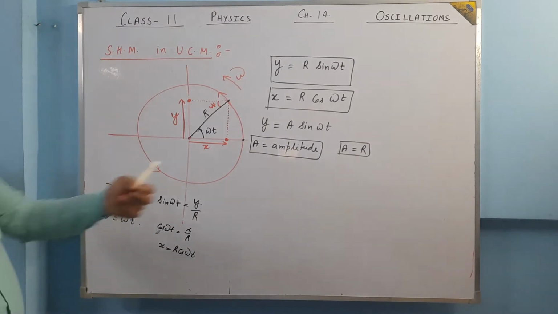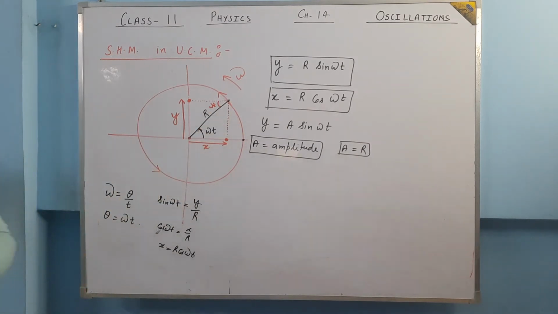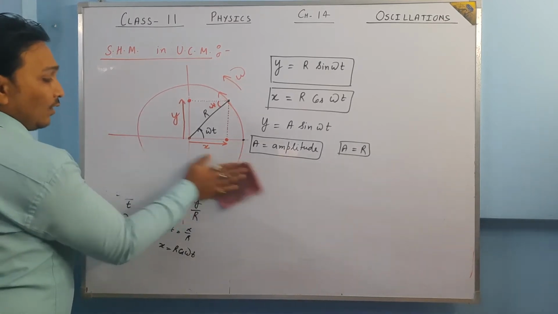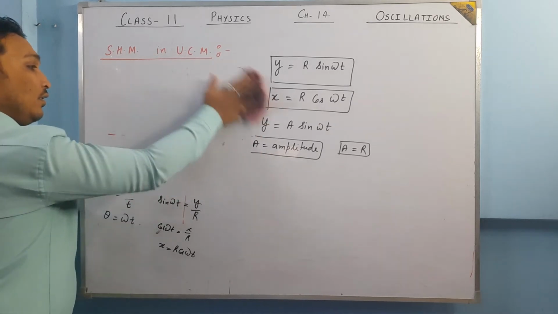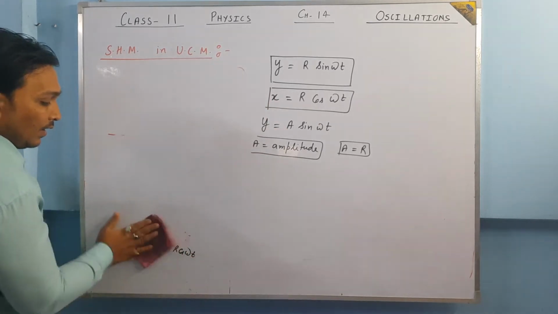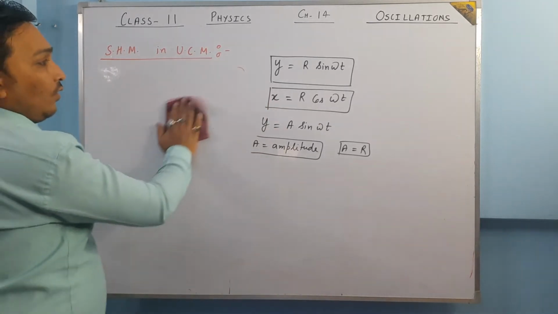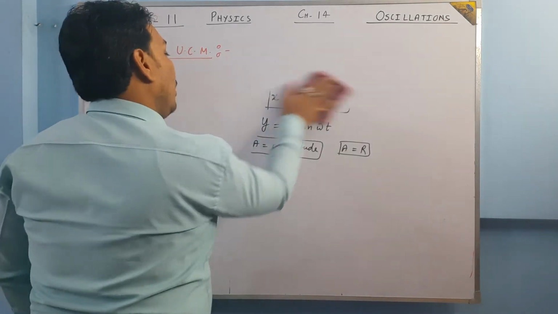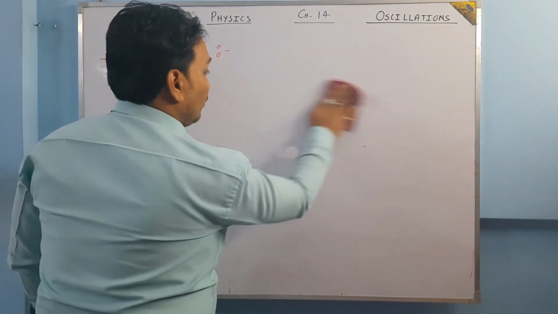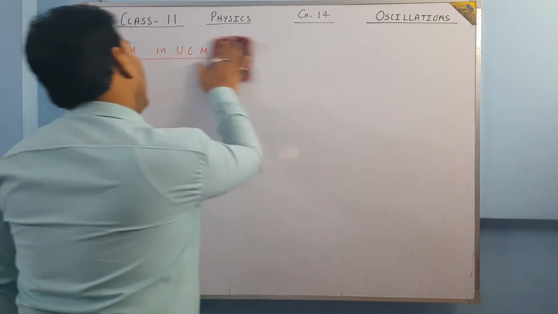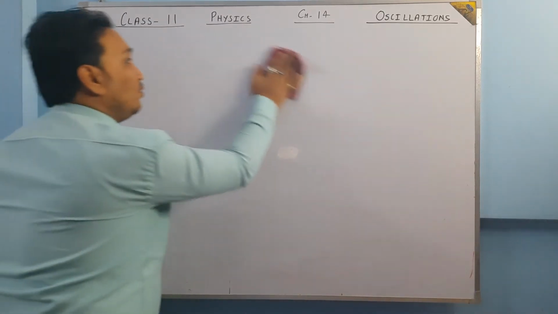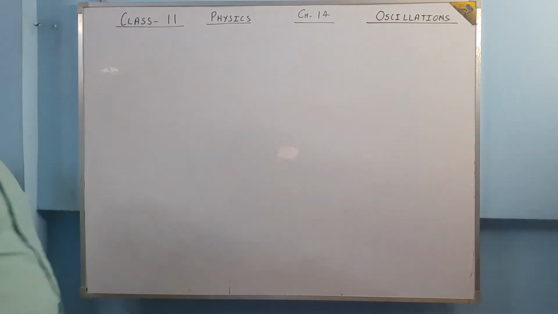Now, from here we can say that it executes SHM. Now what I am going to do is calculate the velocity and acceleration of the particle executing SHM. I am talking about the oscillator, not about the particle doing uniform circular motion.